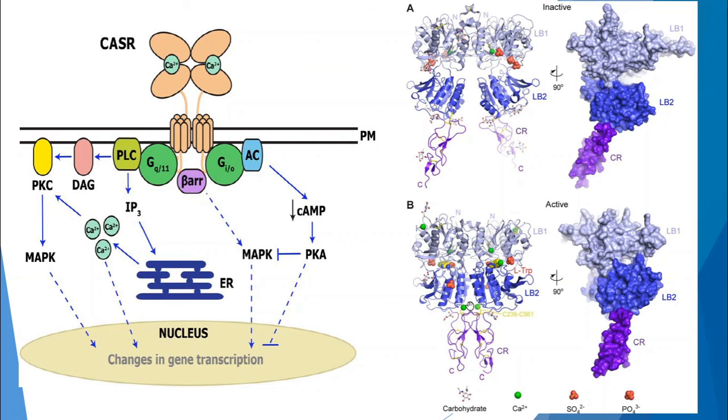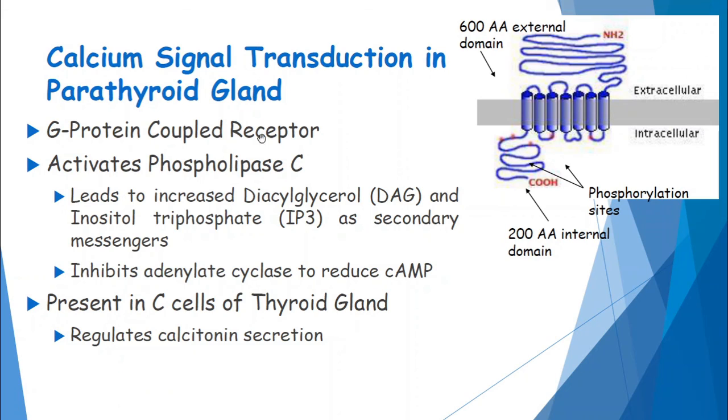In the presence of calcium, the structure of the C-terminal end of the receptor changes in such a way that it comes together. This is what I've already mentioned: a G protein coupled receptor that activates phospholipase C, increases diacylglycerol and inositol triphosphate as the secondary messengers, and also inhibits adenylate cyclase to reduce the cyclic AMP concentrations.